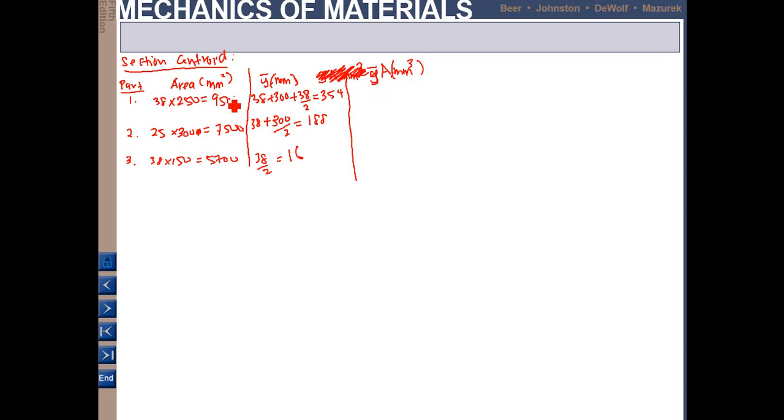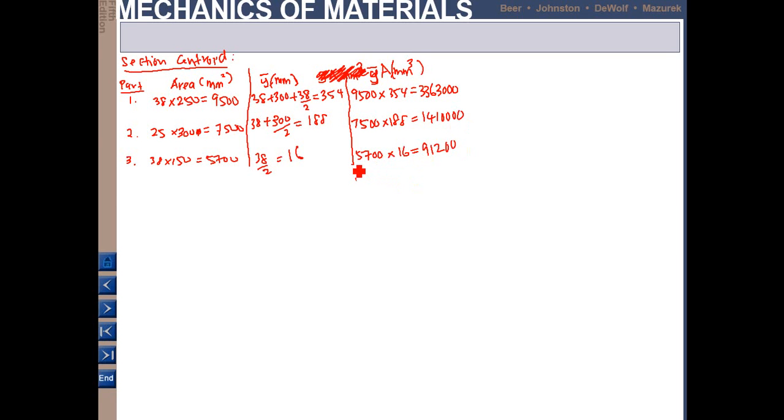Okay, so this area times the section centroid: 9,500 times 354 gives 3,363,000. Similarly, 7,500 times 188 gives 1,410,000, and 5,700 times 16 gives 91,200.